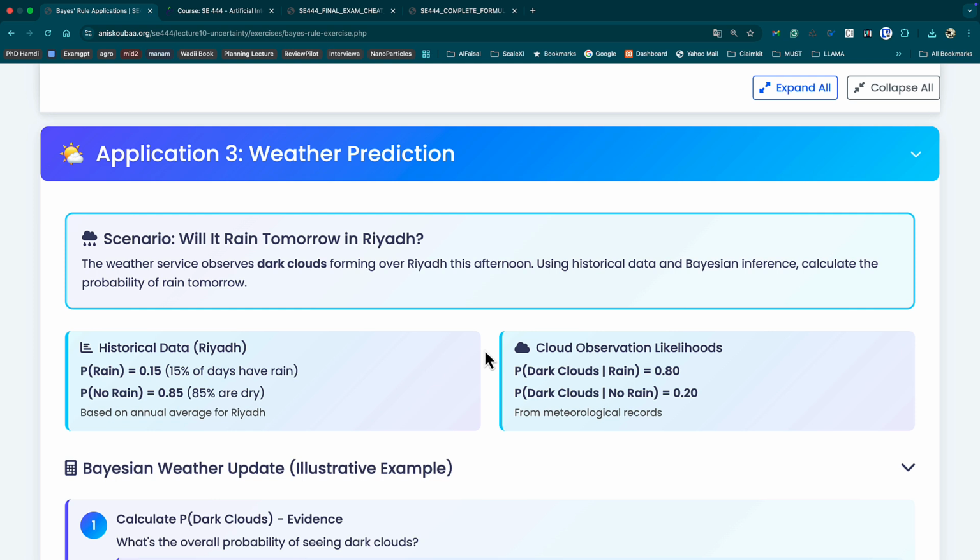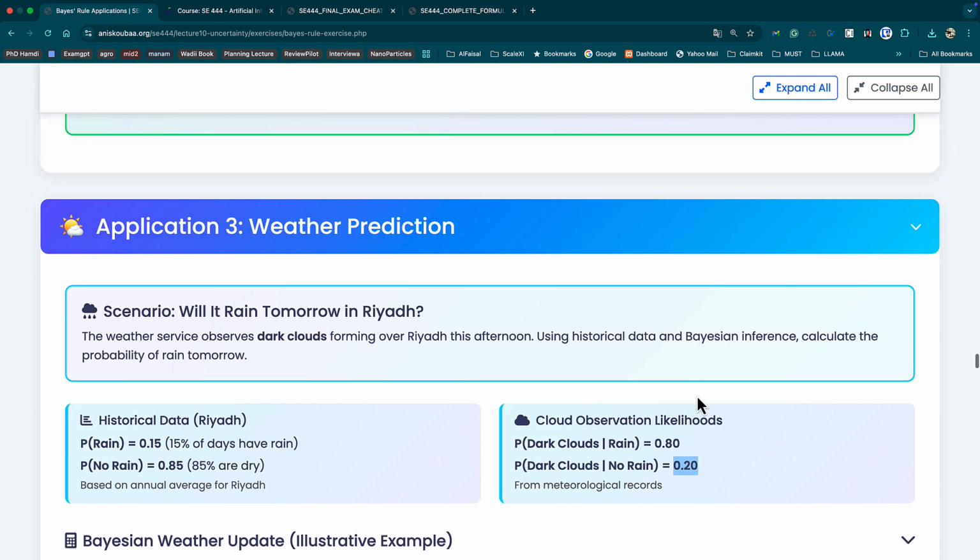And from meteorological records, the probability of having dark clouds given we observe rain is 80%, and the probability of having dark clouds with no rain is 20%. Sometimes you can have clouds, but you don't have rain. Okay.